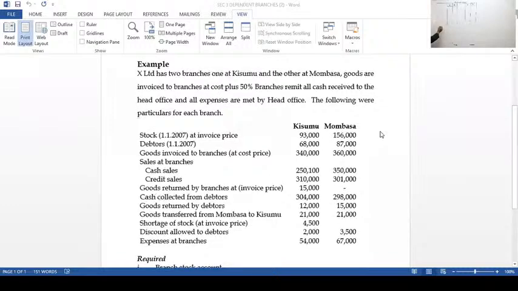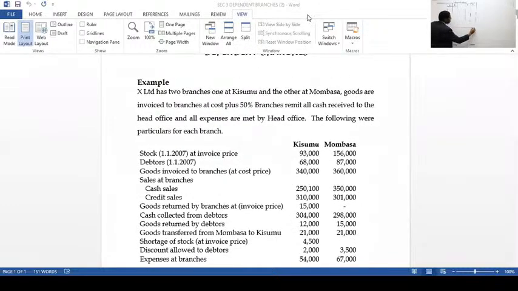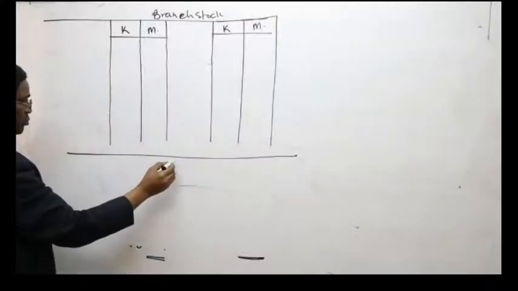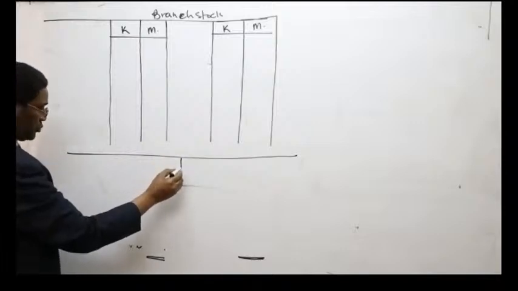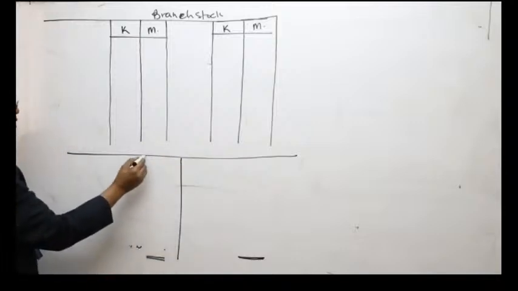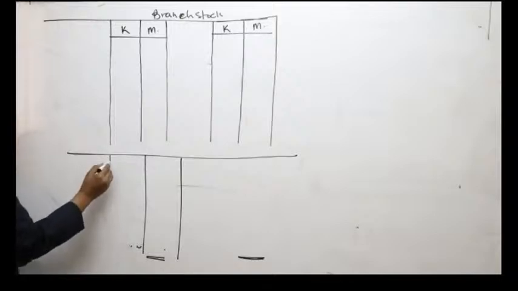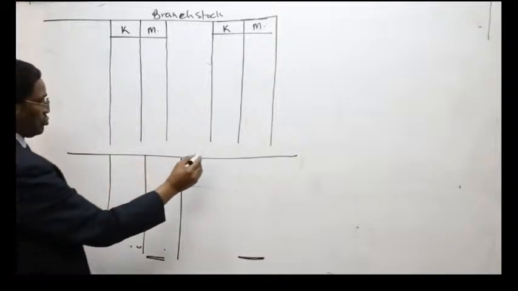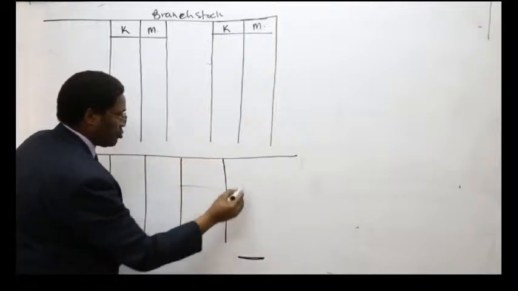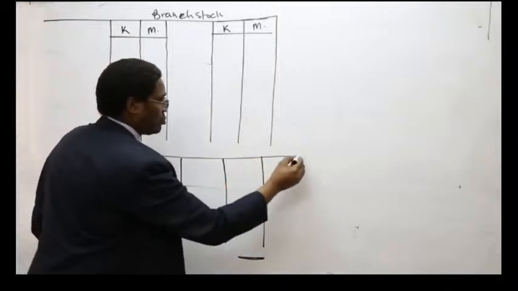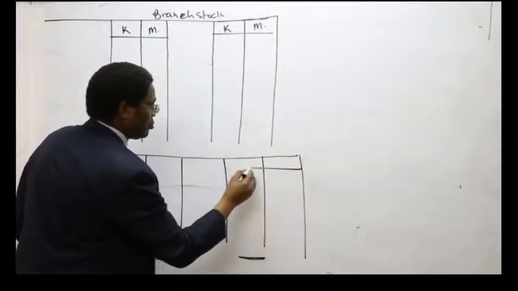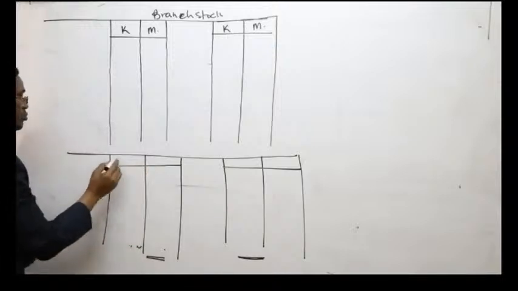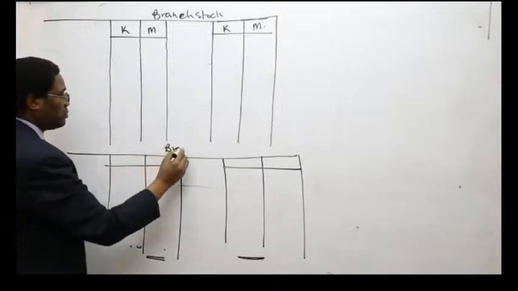The other account they want us to open is branch markup. Let me squeeze it here. Let's call it branch markup.